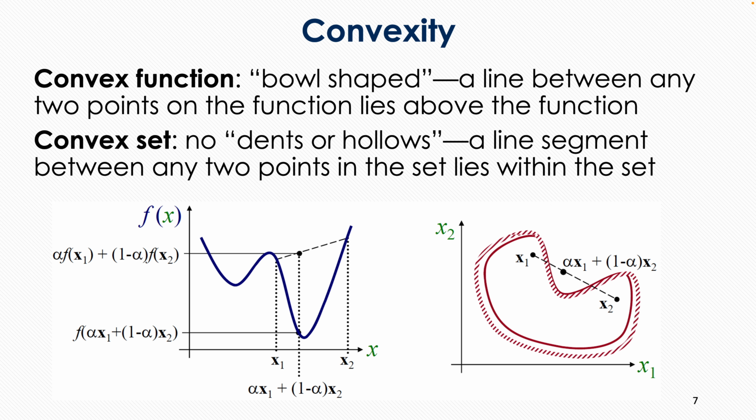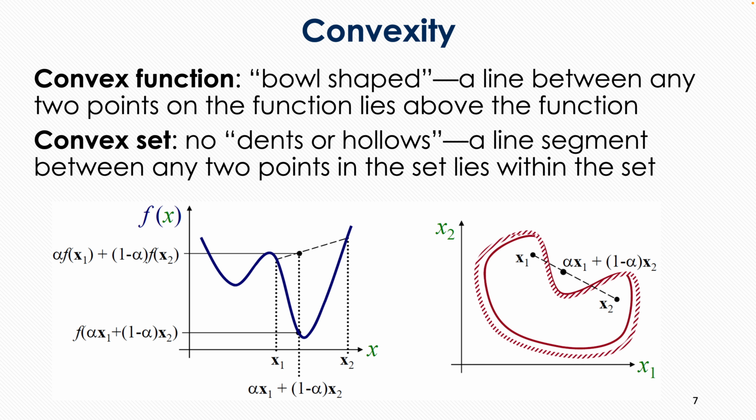You can also have what is known as a convex set. And so this might be defined as a function that's relating two variables in a constraint. If you map out the coverage of that set of points, it's a similar type of analogy.